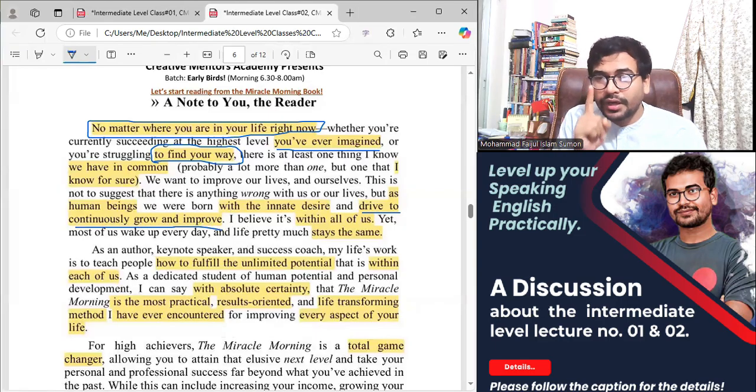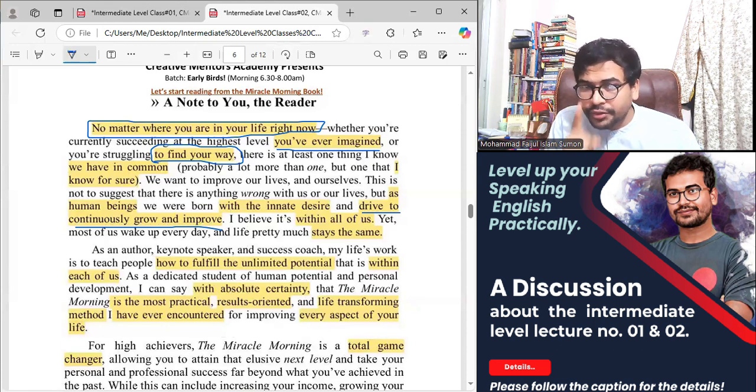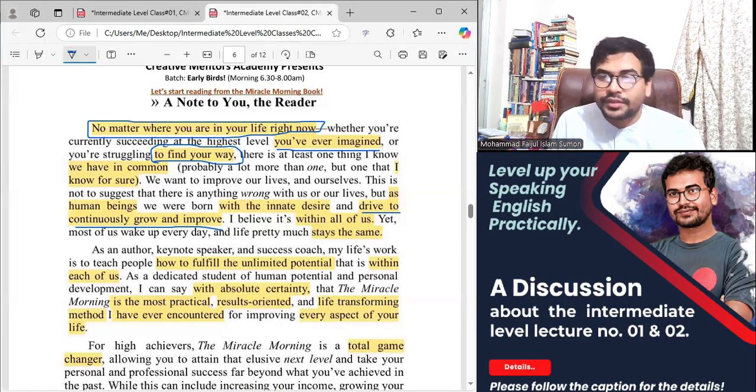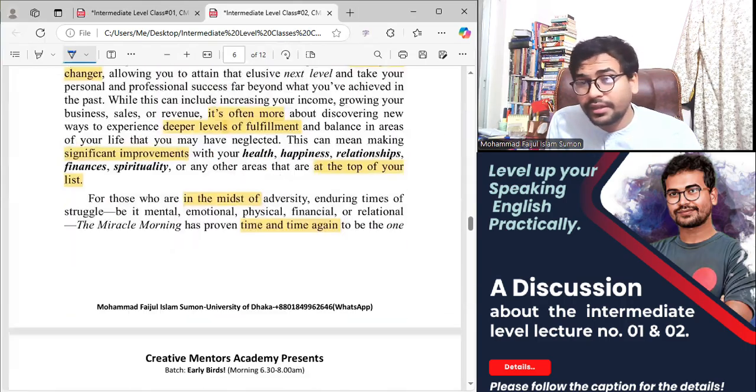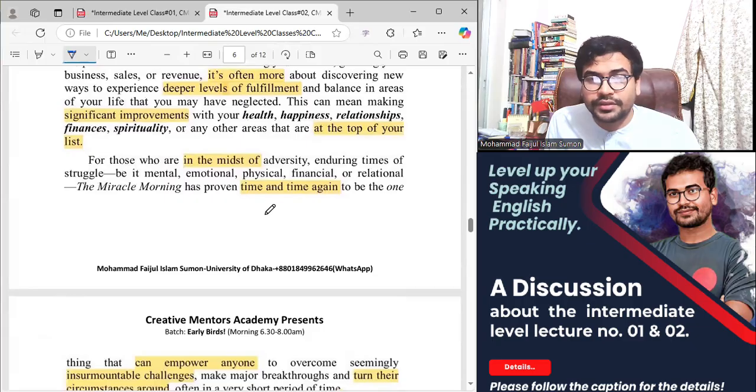Okay, if you do hard work every day, it will drive continuous growth and improvement in your daily life and whole life as well. So that's how we can use all the terms for different purposes. So I hope you got the point why I have highlighted all the terms here.